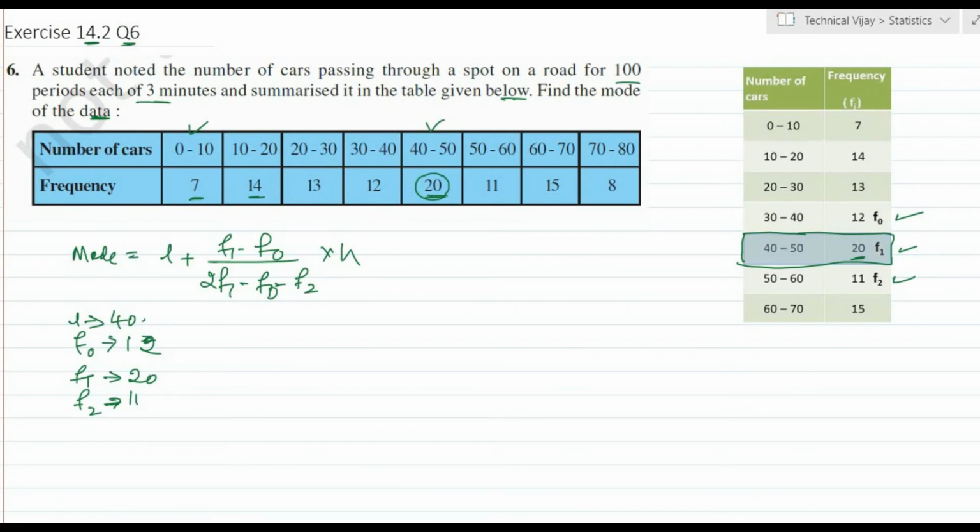Now we will calculate the class interval, that is H is equal to upper class limit minus lower class limit, equal to 50 minus 40, equal to 10. H is also 10.